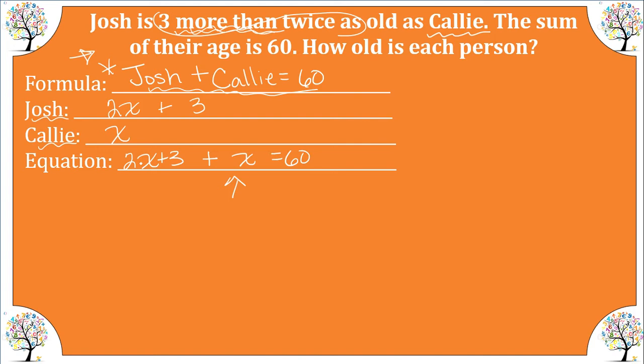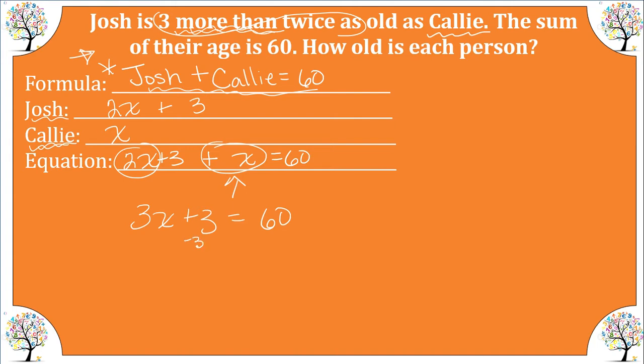So now we have our equation 2x plus 3 plus 1x equals 60, and we can apply our algebraic properties of solving equations. We're going to combine like terms. So we have 3x plus 3 equals 60. We're solving for x, which is how old Callie is.